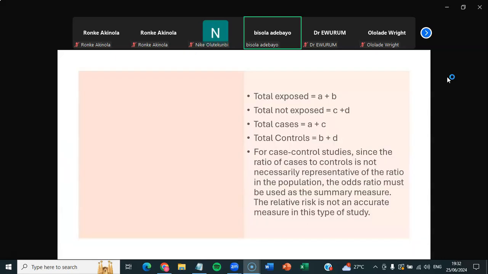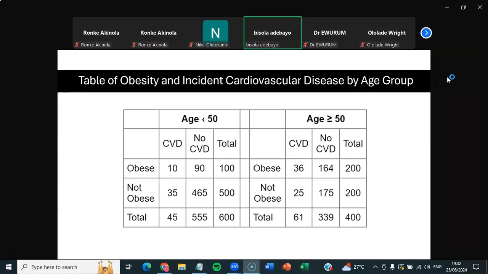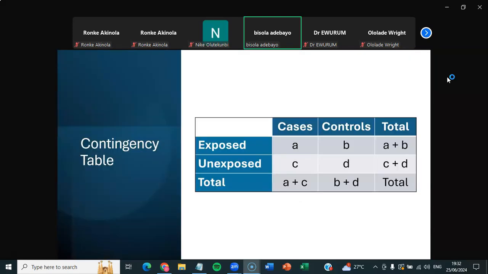Let's go back to that table. If we look at this table, remember we said the total number of cases is A plus C, and the total number of cases that have the exposure is A. So the probability of exposure is A over A plus C, and the probability of non-exposure is C over A plus C. I hope we're all getting this.